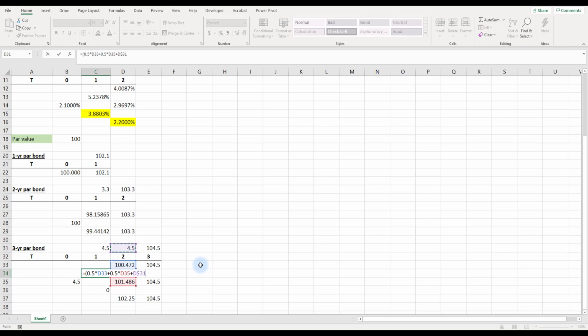Be careful here, just make sure to lock the coupon correctly. So I'll put D$31 and then divide by 1 plus the previous period's discount rate, in this case the one we found earlier, 5.2378%. Then done. We have these values here, so let's copy this downwards, making sure that it's still sticking to the right coupon, which is 4.5, and discounted with the correct rate.